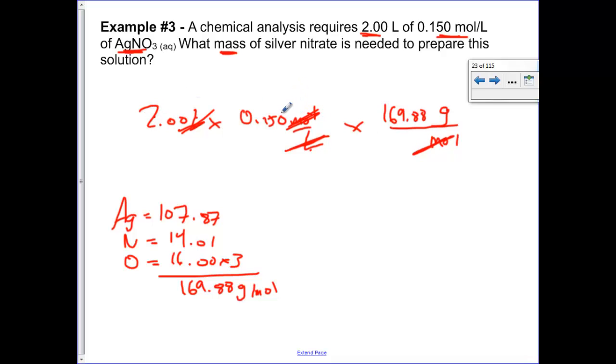So take 2 times 0.150 and times that molar mass. But do it all in one step. Rather than do it in stages, do it all in one step. Yeah, I got 50.964. In terms of significant digits, though, you only get 3.